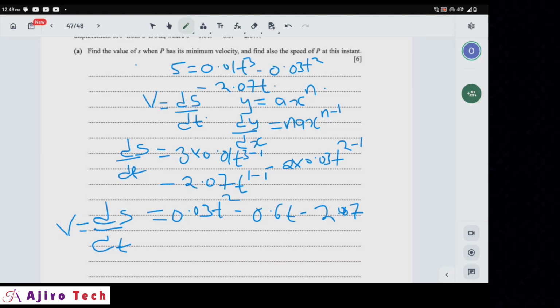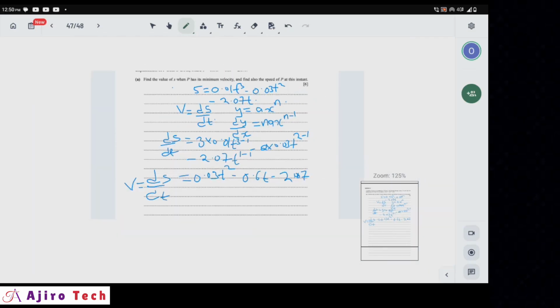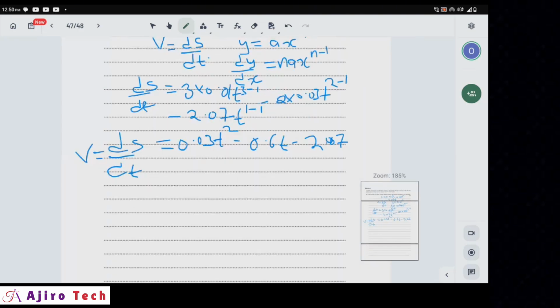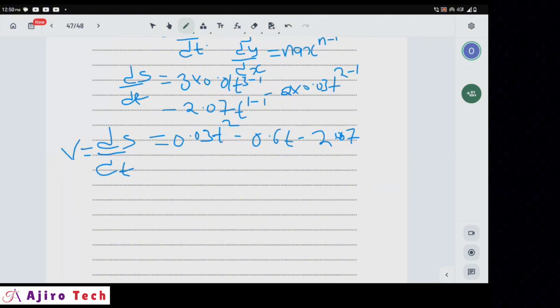So we need to find the minimum velocity, and to do that I will need to break this down to my acceleration, which is dv over dt. That is the formula for finding acceleration.